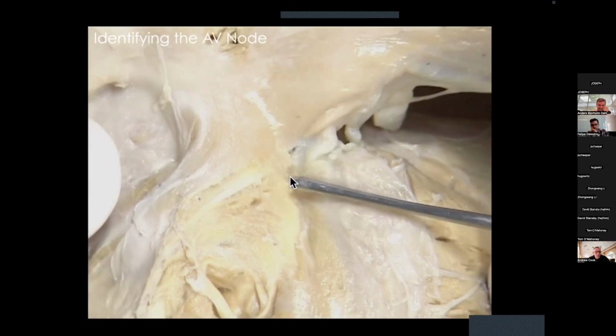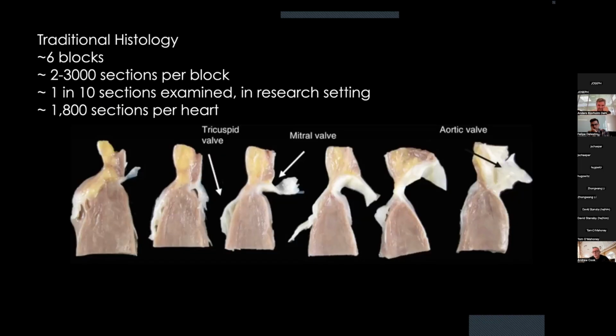The traditional way of looking at this, just to put things in context, is you take blocks of that area, as you would for the SA node. You'd need about 6 blocks for the AV conduction system. You would cut that into about 2,000 or 3,000 sections. You'd then have to stain 1 in 10, because that's basically all you can deal with.